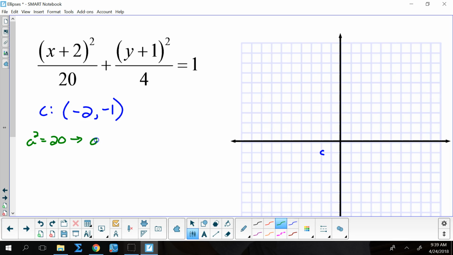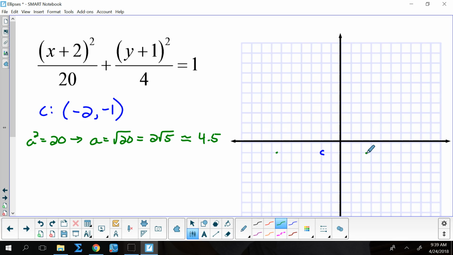So that means that a is the square root of 20, which is really 2 times the square root of 5, which is approximately 4.5. Yes? So that means I'm going to go 4.5 to the left and 4.5 to the right.